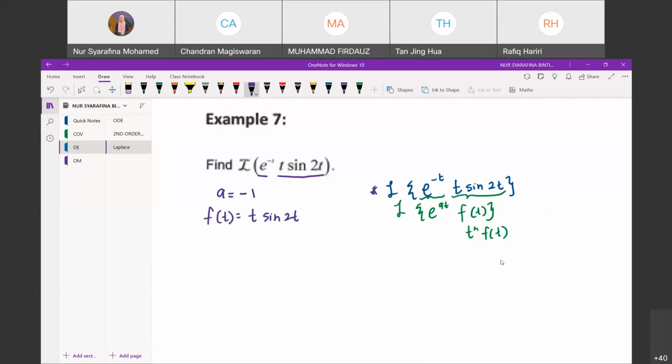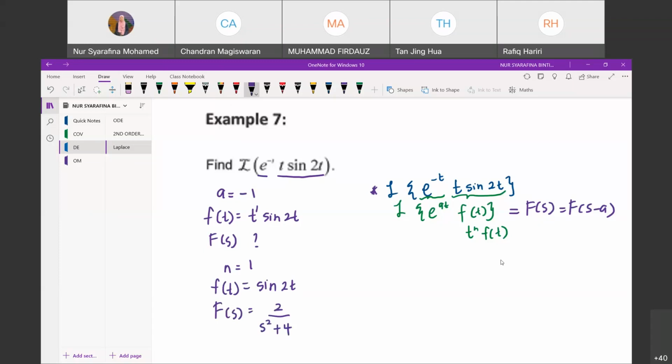Since this is mapped to e^(at) f(t), then the transform is F(s minus a). So you have to find your F(s). In order to find F(s) from this f(t), you use multiplication by t^n property. So you need to understand what your n is. Your n here equals 1. And what is your f(t)? Sine 2t. What is your F(s) here? 2 over s squared plus 4.